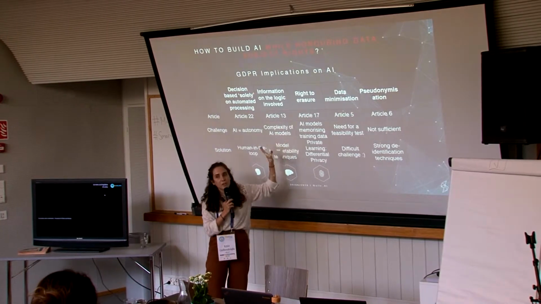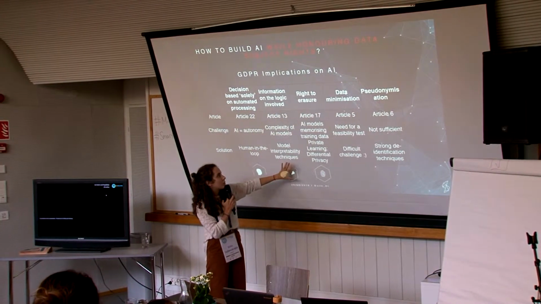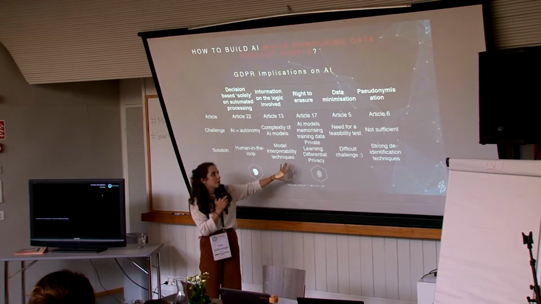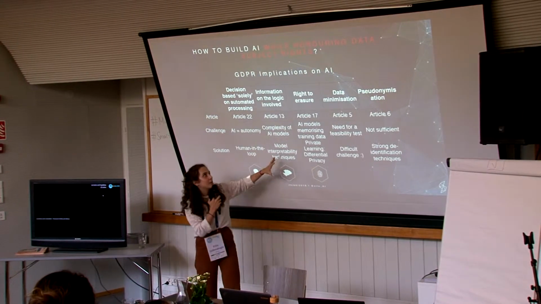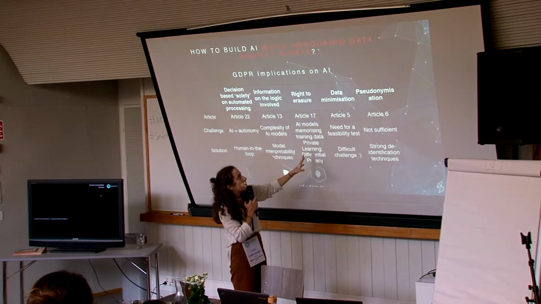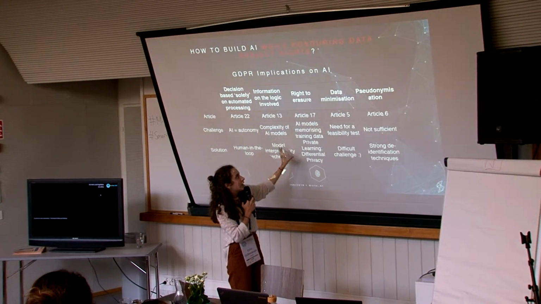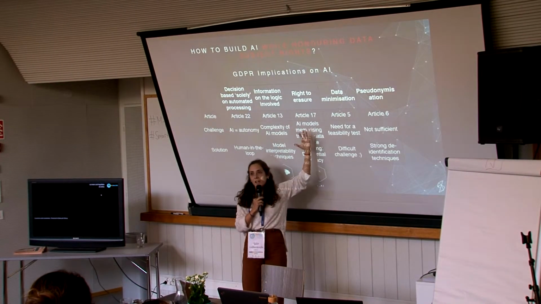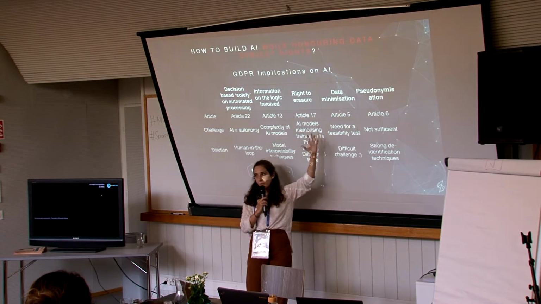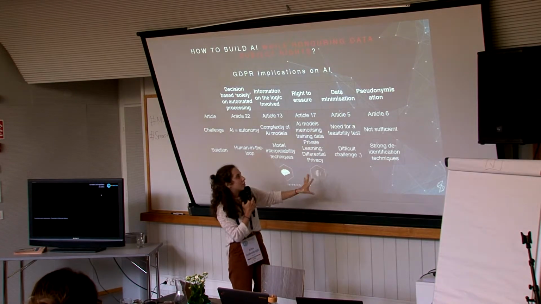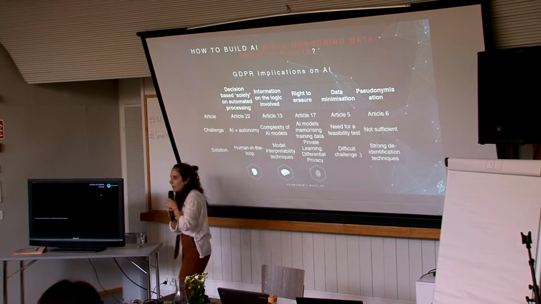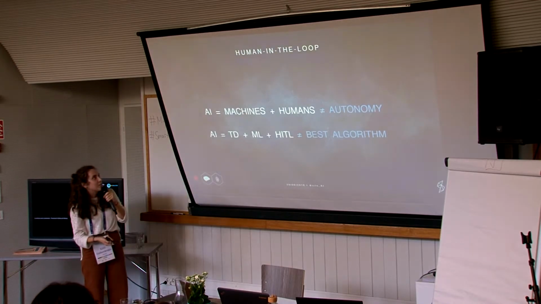The challenge here is the complexity of AI models, and my solution is using model interpretability techniques to tackle that. And the third one is the right to erasure. The challenge here is that AI models can memorize the information in their training data, and the solution is using a private learning approach. So let me start.